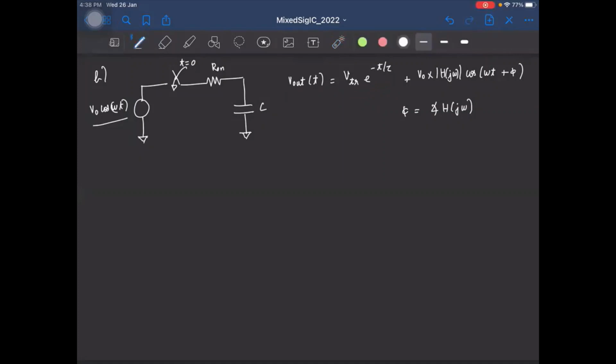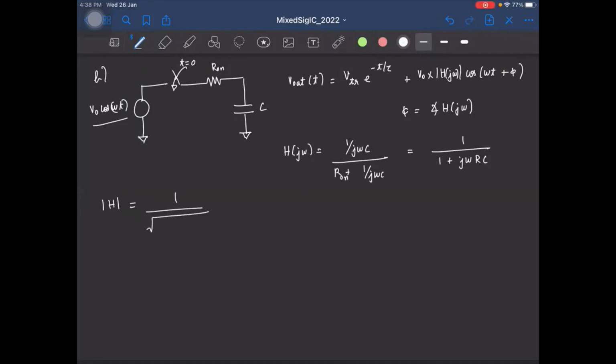So now what is h of j omega here? It is simply the capacitance divider, I mean the resistance divider or the impedance divider. So 1 by j omega c by r plus 1 by j omega c. It is 1 by 1 plus j omega r on c. So magnitude of h is 1 by, sorry, this is r on, right?